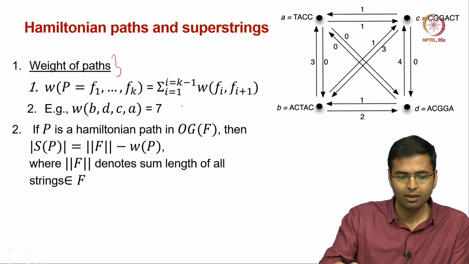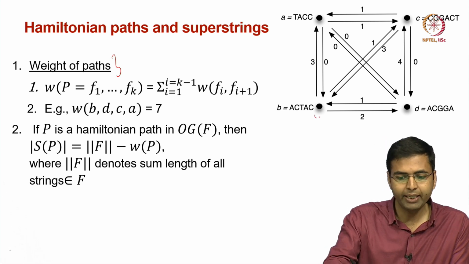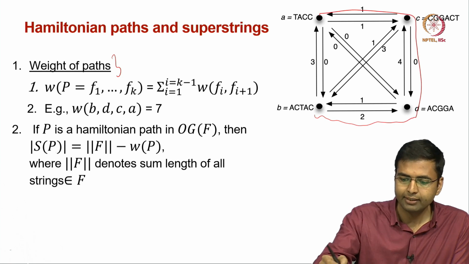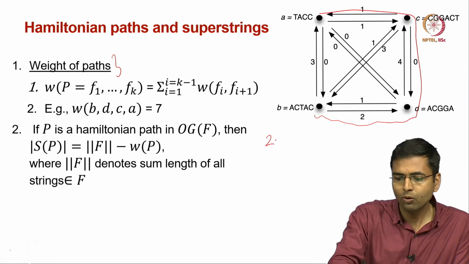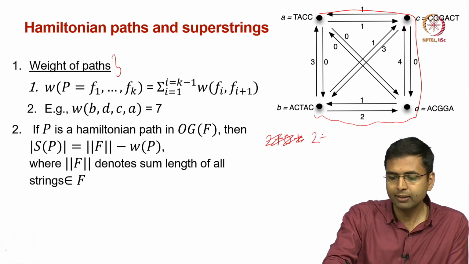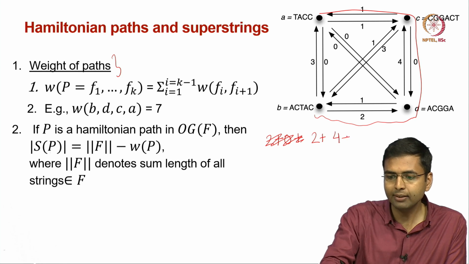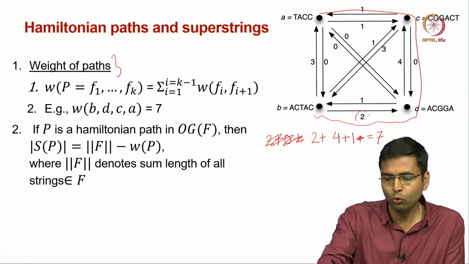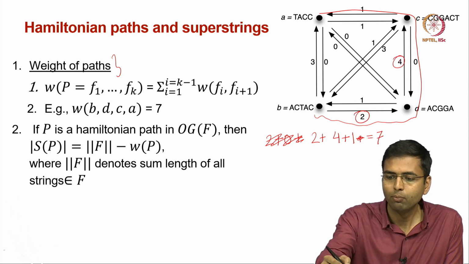So, for example, the weight of the path B, D, C, A is 2 plus 4 plus 1, which is 7.